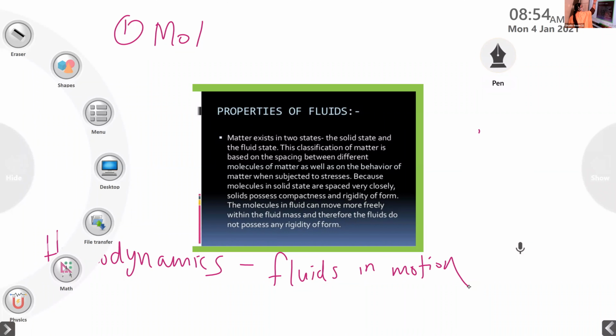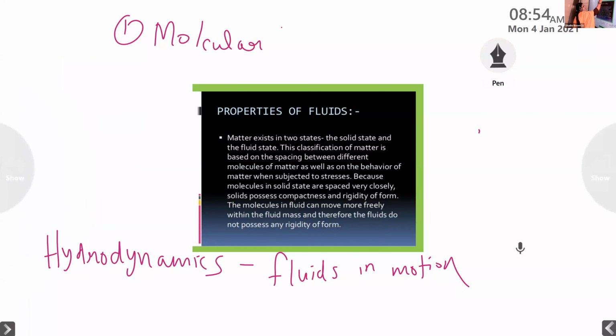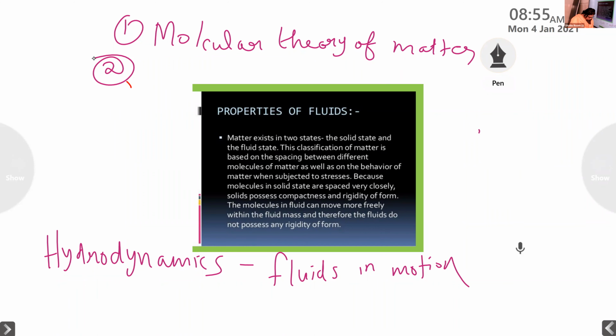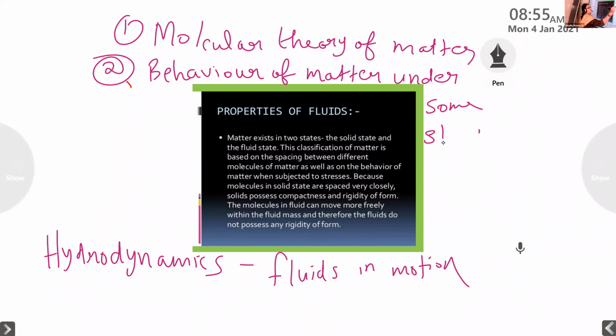Number one, molecular theory of matter. Second, behavior of matter under some stress.